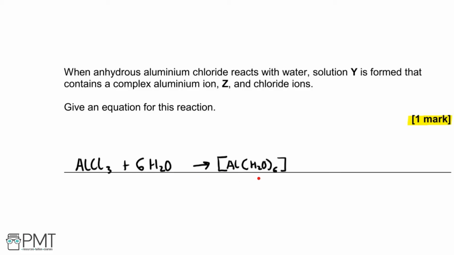As each of these water ligands are neutral, they are not going to affect the overall charge of this ion. So as the aluminium has a 3+ oxidation state, the overall charge is going to be 3+. Finally, in our product, we have all of the chloride ions that were removed off of the aluminium ion. So we are then going to have 3 chloride ions. So we have, yes, our 6 water molecules substituting on to our aluminium ion as ligands, removing the 3 chlorine ions. We're going to need all of this for the 1 mark.